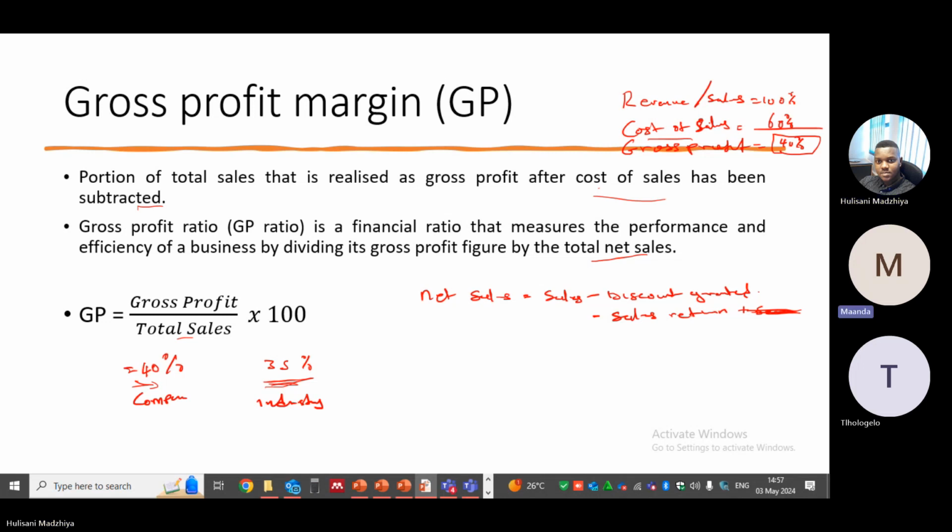Gross profit is at the top part of your income statement, where not all expenses have yet been taken into account. Once you have taken account of all the expenses, you might find that your net profit goes into a negative, and then you have a net loss. Oh, okay, I see. So the gross profit is always positive, at all times. Okay.